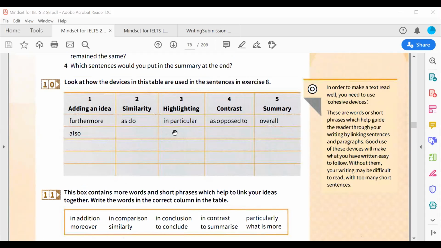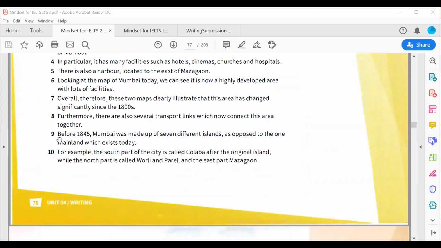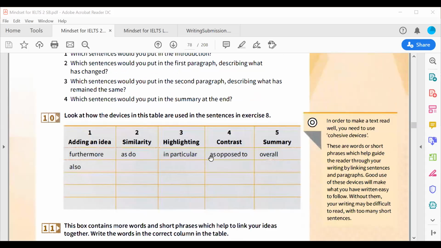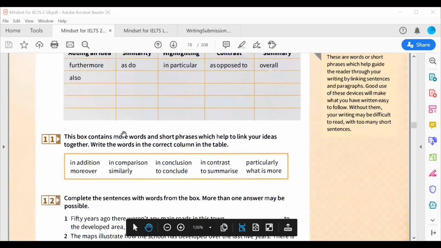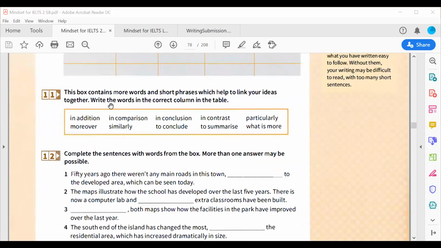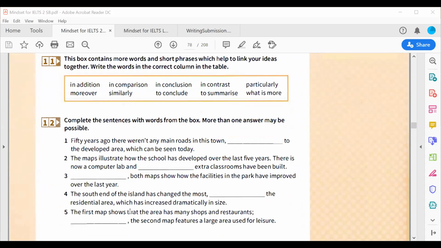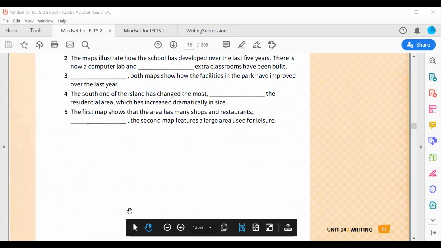So just go to exercise 8 and look at words like furthermore, which show how the sentences are being connected, and that helps you practice your writing. And here are some more of those words that we can connect our sentences with. You can study these and they will be helpful.